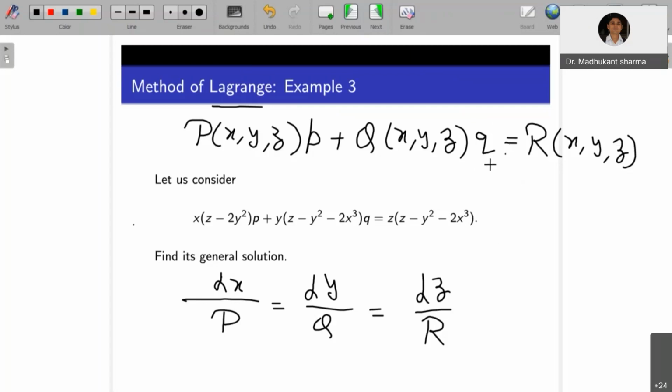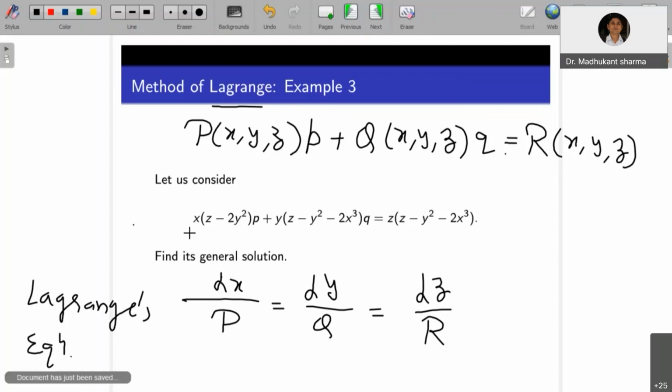You have to shift everything on the right side, and it is very easy to compare, and you can put them in the following equation, which is known as Lagrange's equation. Sometimes it is also known as the auxiliary equation. Then what we have done in that method is you take two families which solve this system.